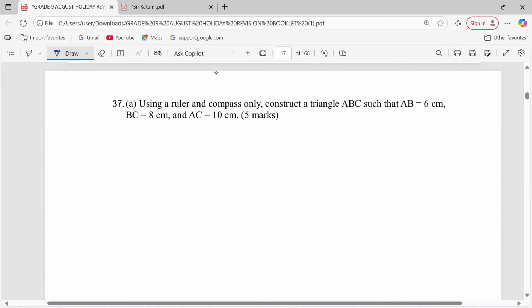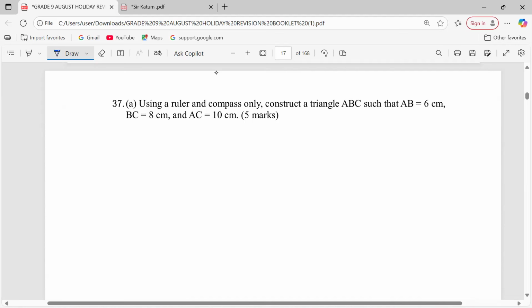So AB 6, just have your AB. Start with AB, 6 centimeters. So stand at A, then you measure 6 centimeters, and you mark off point B, like that. Then after that, BC. So from B to C, 8 centimeters.